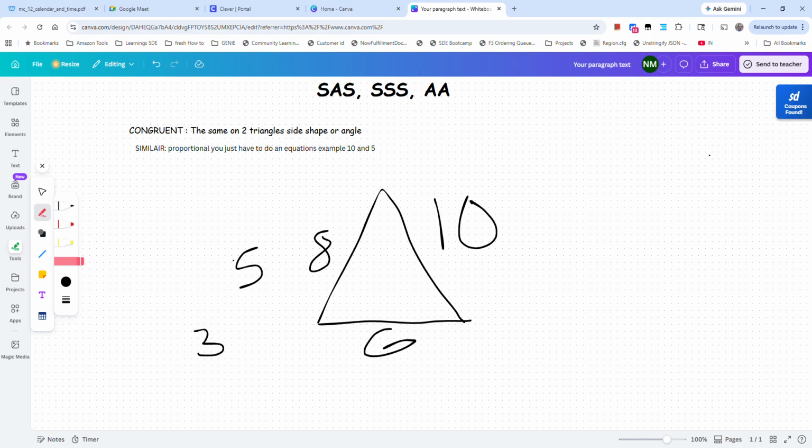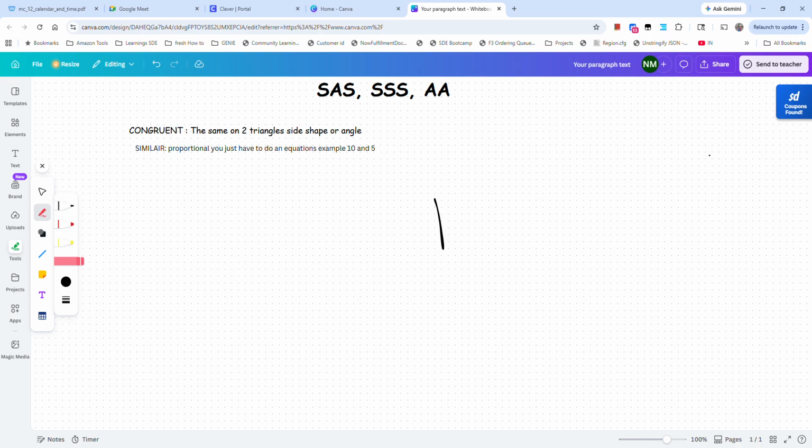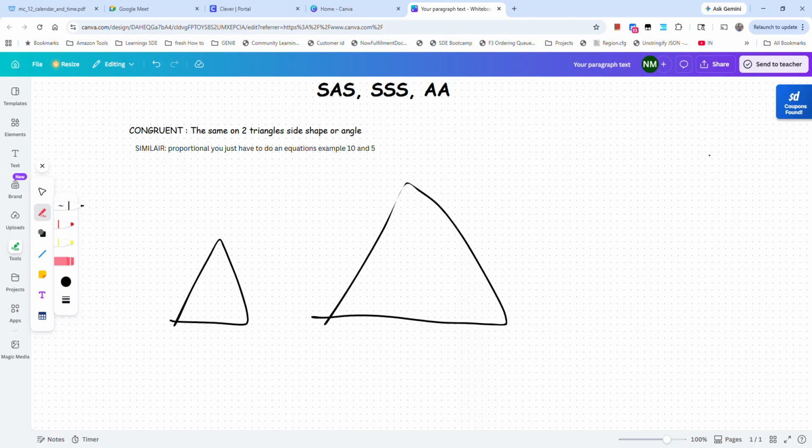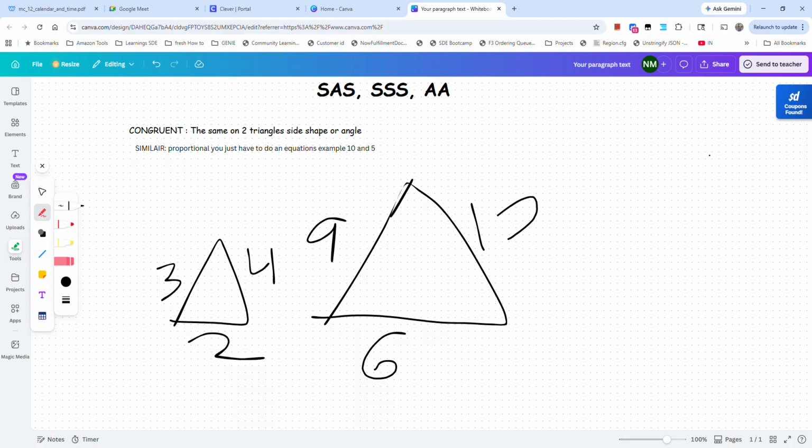Alright, accidentally wrote it wrong, but you could see here that this triangle and this triangle are there. So let's say that's 3, 9, 2, 6, 4, 12.